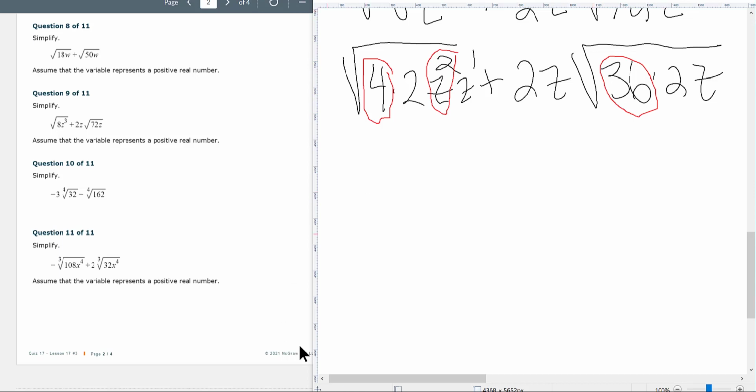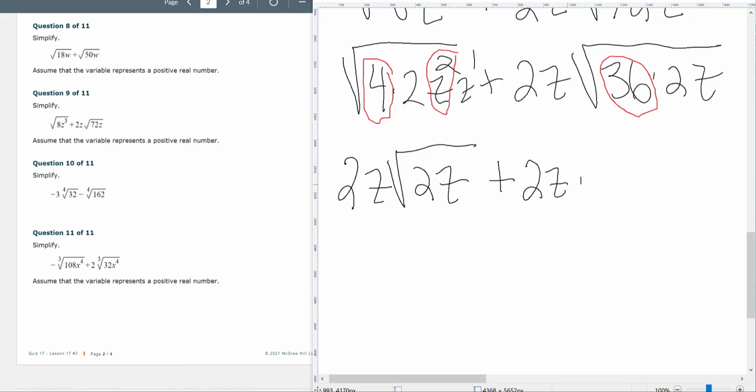So I get 2z square root of 2z plus 2z times 6 square root of 2z. The 4 came out as a 2. The z squared came out as a z to the 1.